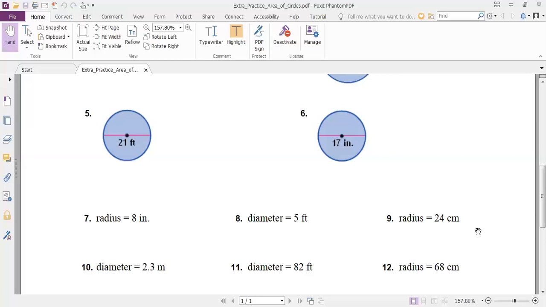After that, 3.14 times 24 power 2. It means 24 by 24, so 24 times 24 times 3.14 equals 1,808.64.